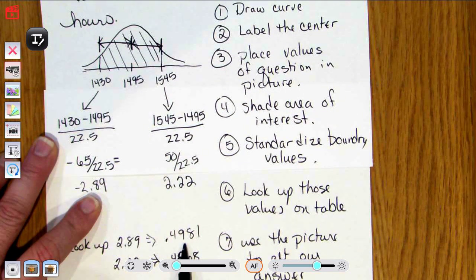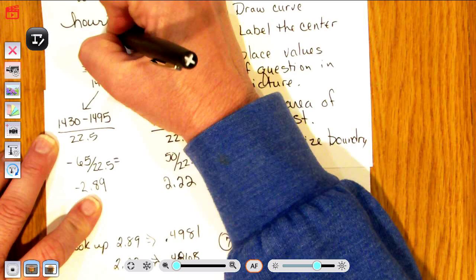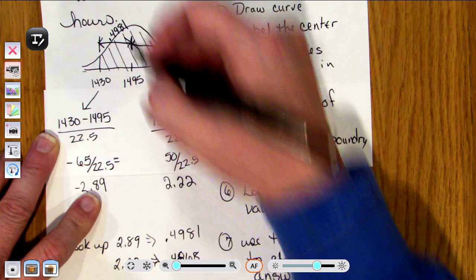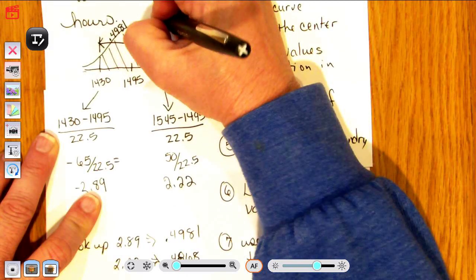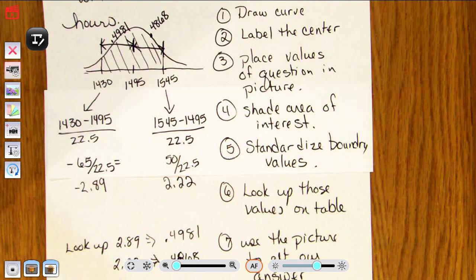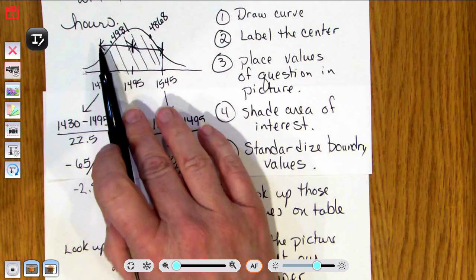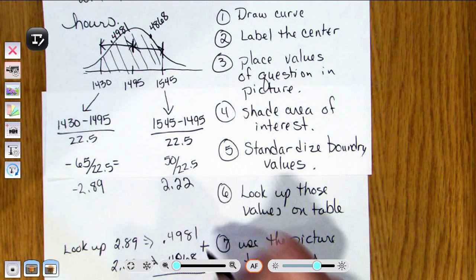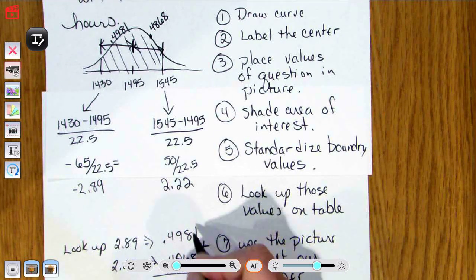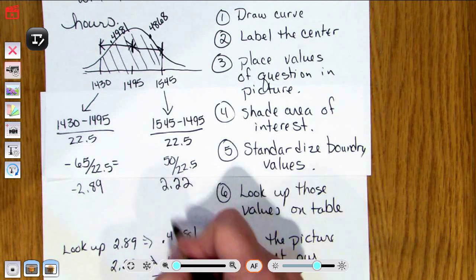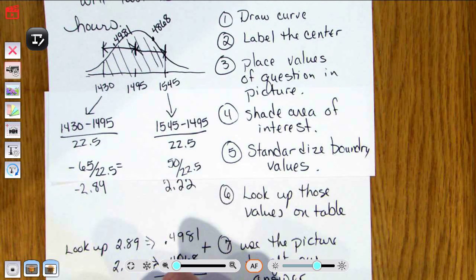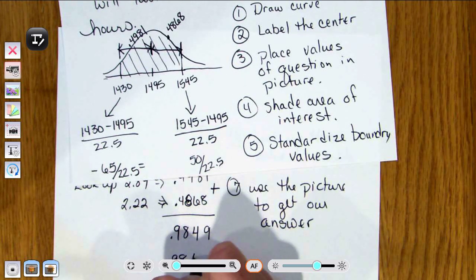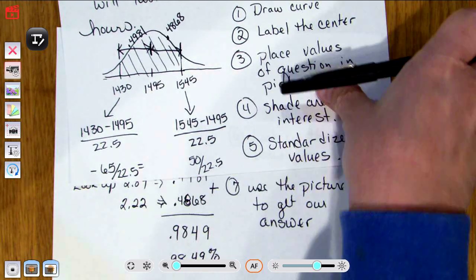That 0.4981, that is here. Our 0.4868 is on that side. In this situation, we want to get from here all the way to here, so we are going to have to add those two. And so that would be 0.9849, which is 98.49%.